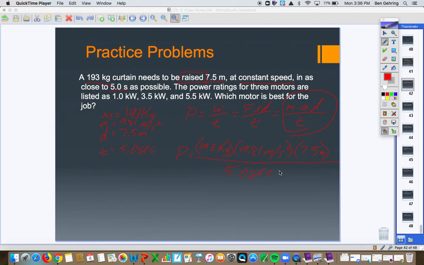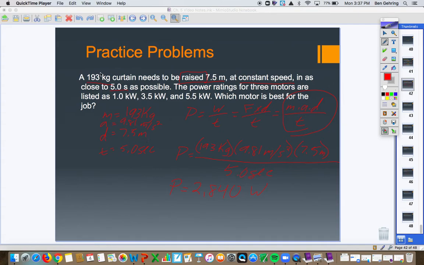I forgot to divide by my time initially, and I was like, that's a lot. I get an answer of 2,839.9, so 2,840 is my power, and power is measured in watts.